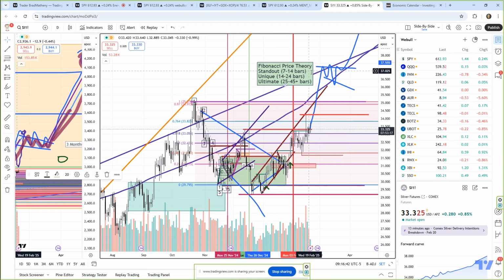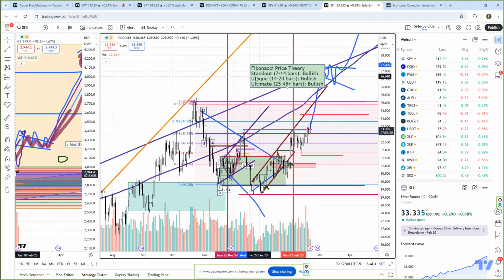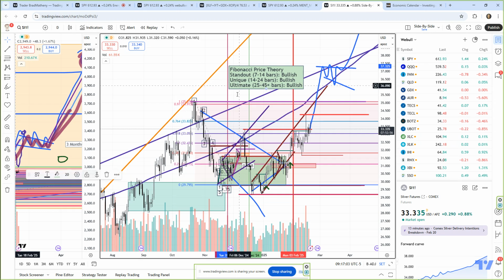So again, as far as trending, you can see that we are now in a solid bullish trend based on Fibonacci price theory. We have broken this high, which is very important. This level has now been broken.